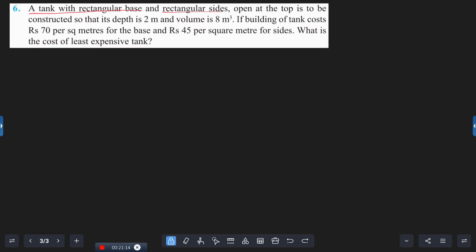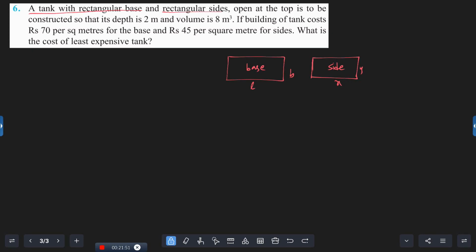Suppose this is the base; base is L into B. And we have one more rectangular side, this one I'll call x into y. Both must be the same, but here we have different names.